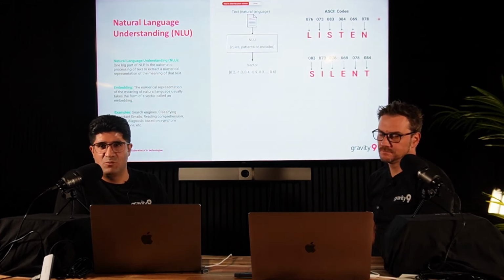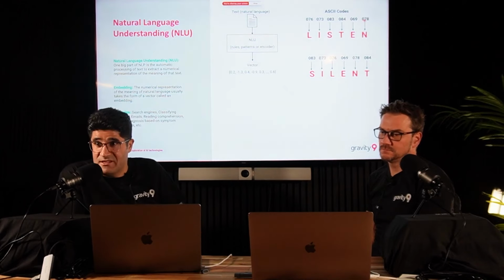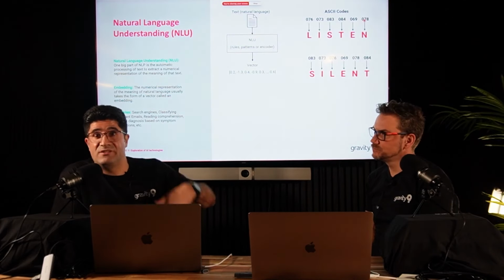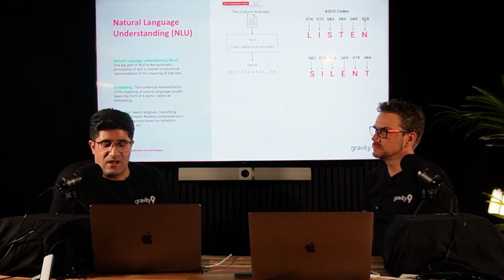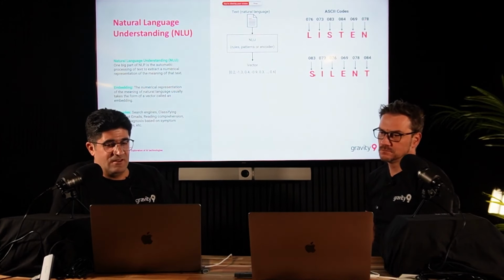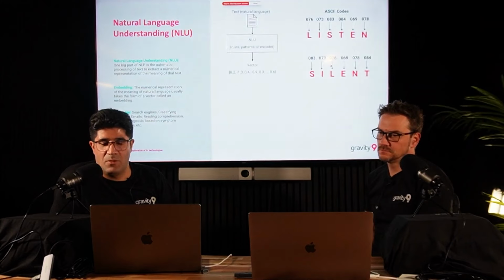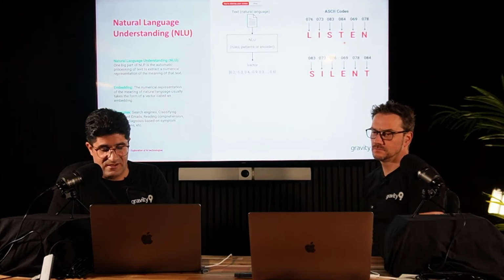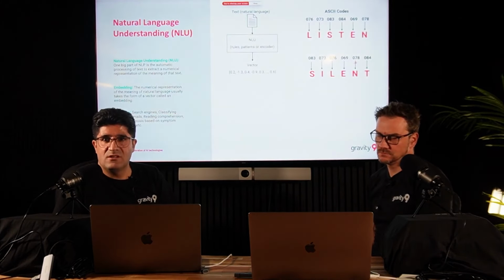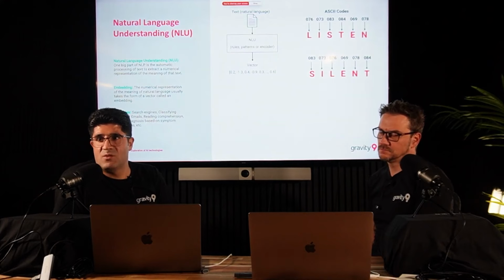Then we put them together and save those numbers inside the computer system to store the information, and then we can retrieve those and convert them. And if you look at that, the difference between listen and silent is the order. So we have similar characters, but the order is different. But the system can understand this difference. So this is storing text inside the computer system.